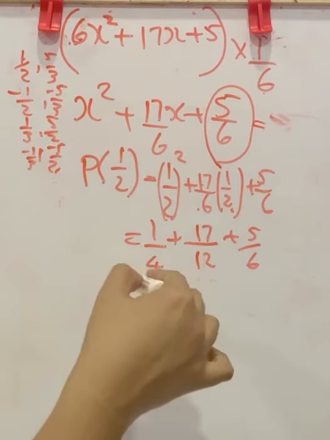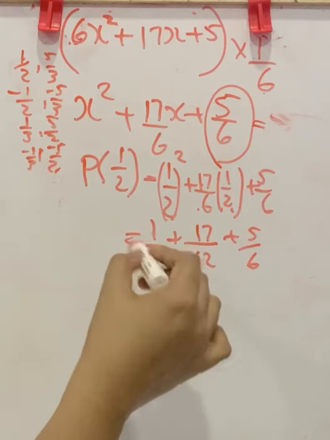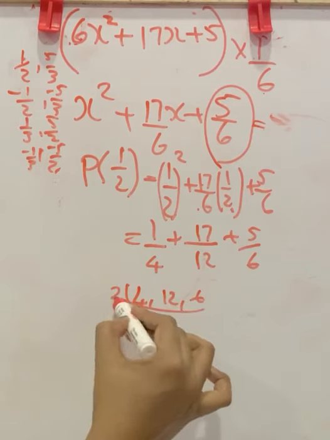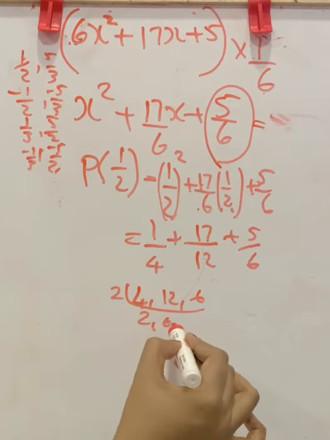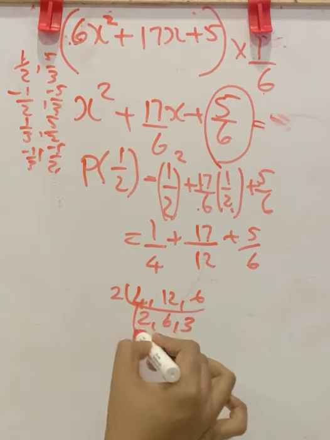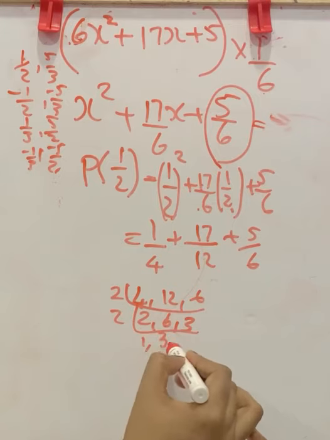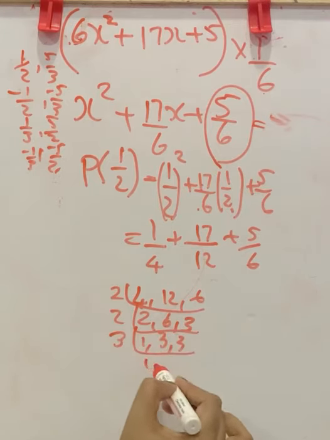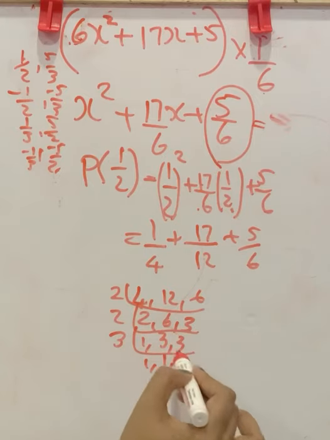Here we want to find the LCM. The LCM of 4, 12 and 6: 2 twos are 4, 6 twos are 12, 3 twos are 6. Now again 2: 1 twos are 2, 3 twos are 6, 3 carry down. Now in this 3, 1 carry down, 1, 1 here. 1 threes are 3, 1 threes are 3.